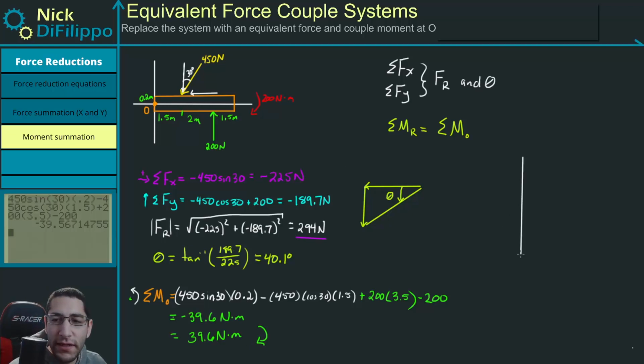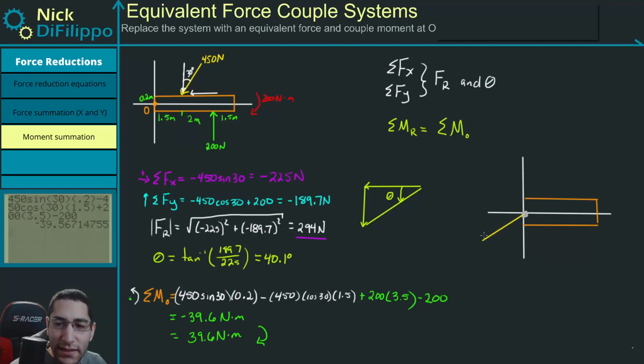So if we're redrawing this, and this is our system, and this is point O, our answer means we can replace this entire force system with, if this is my beam, one force that acts like this, and this angle right here is 40.1 degrees. This magnitude is 294. And we have a moment that acts this way and is 39.6 Newton meters.